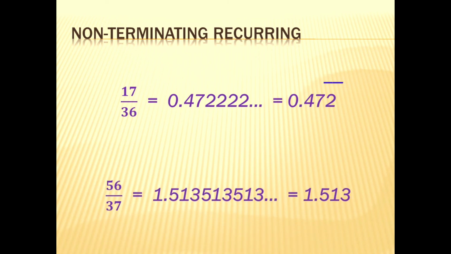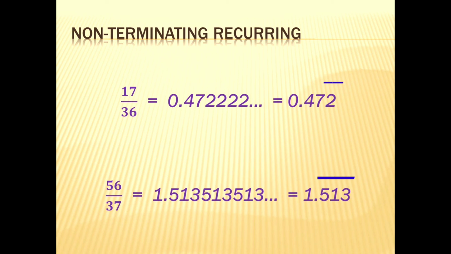Let us consider another example, 56 by 37. Its decimal form is 1.513513513. In this decimal form, instead of a single digit, a group of digits is recurring. That is, after the decimal, the group 513 is recurring.